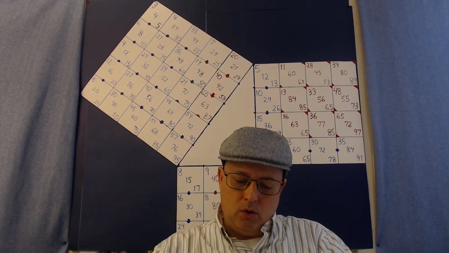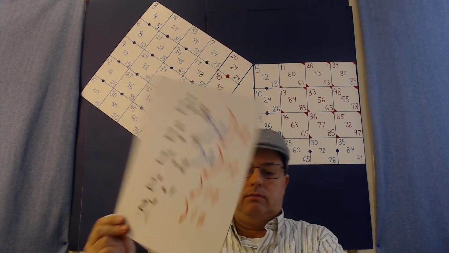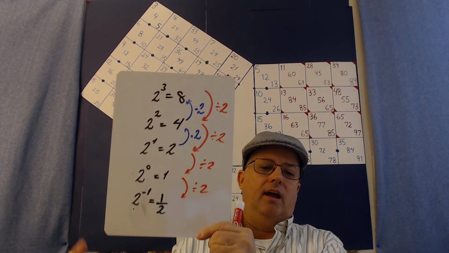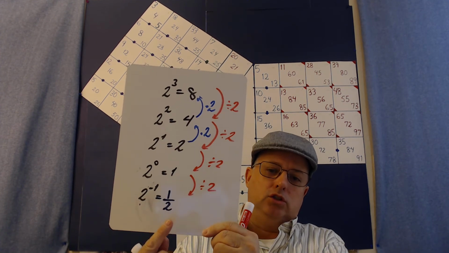Okay, so what's 1 divided by 2? Well, that's a half. So you see what a negative exponent does? It makes a fraction. That's within the power of exponents. Exponents have the power to make fractions.